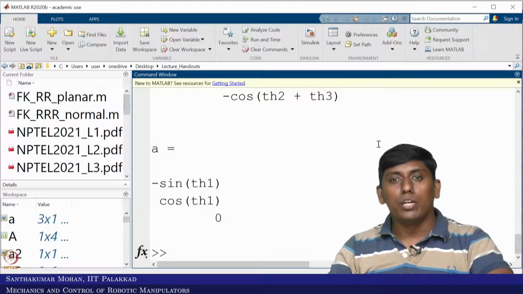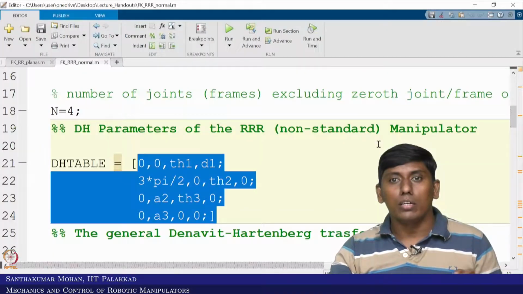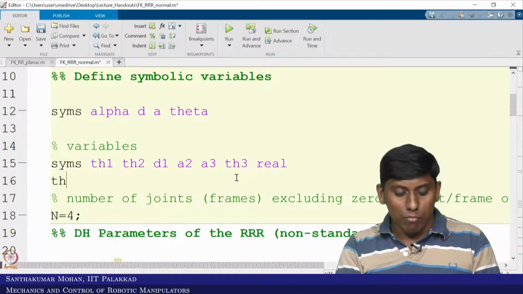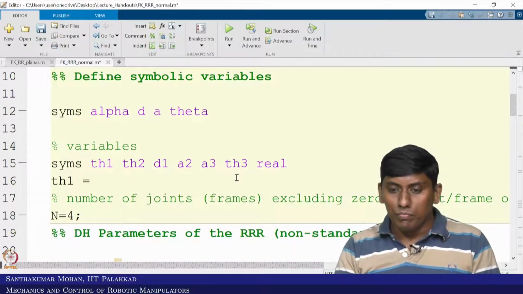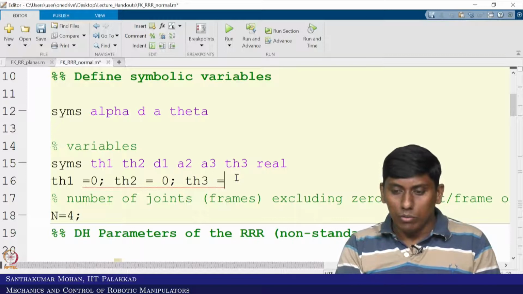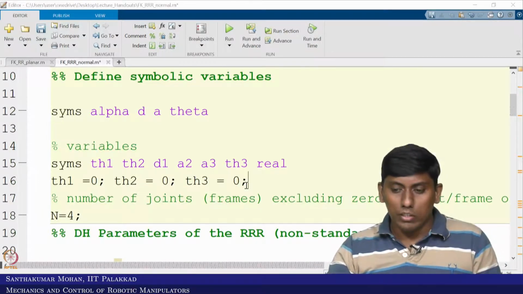Now, as usual, we need to cross check whether the solution is matching or not. For that, you can take theta 1 equal to 0, theta 2 equal to 0 and theta 3 equal to 0. In that case, what would be the home position?